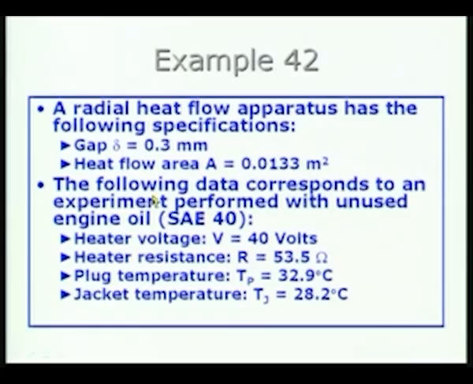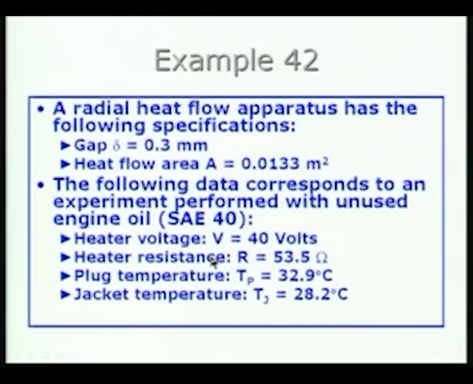And the data actually corresponds to an experiment that was performed with unused engine oil. The engine oil itself is characterized by SAE number 40, and it is taken from the can directly, a new can which is opened and directly taken, not used earlier.